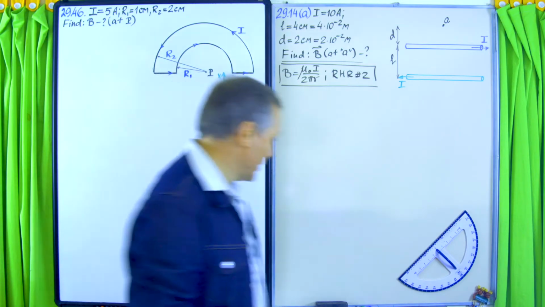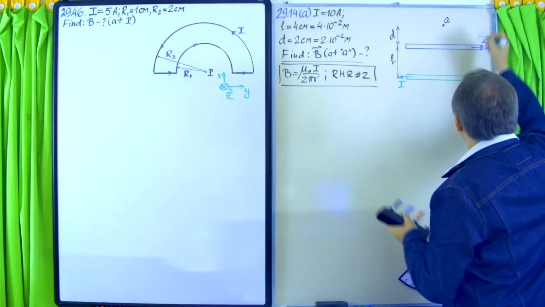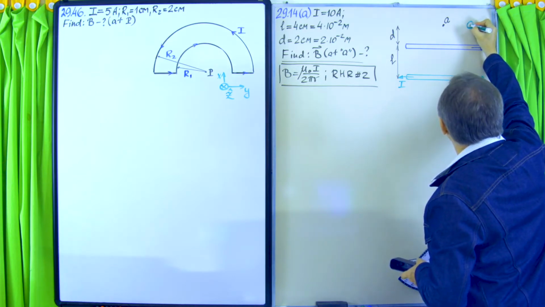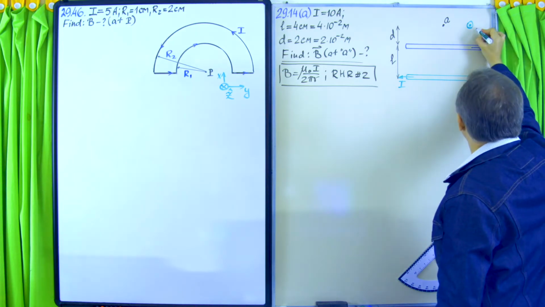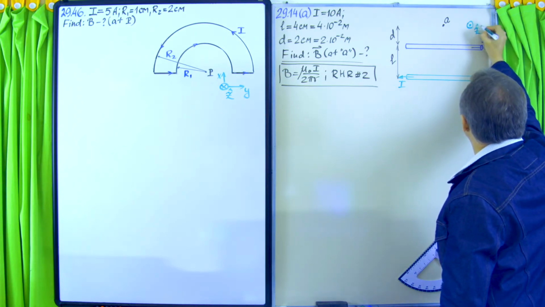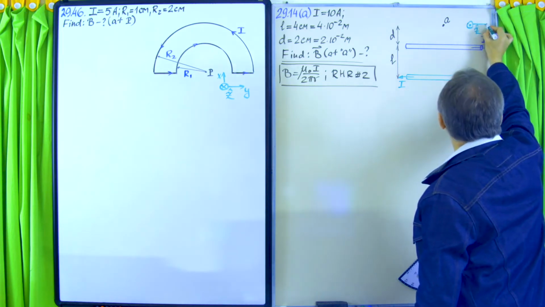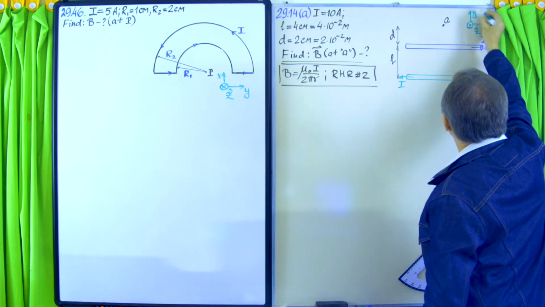So let me introduce this coordinate system. The z vector points out, so that's z hat. Then x this way, and y will be up.